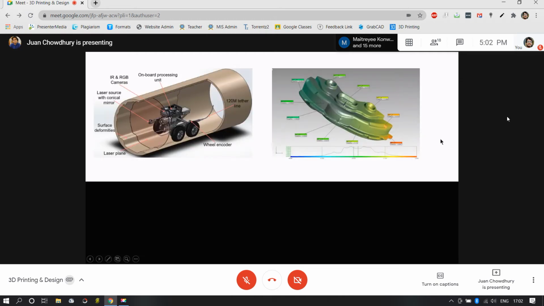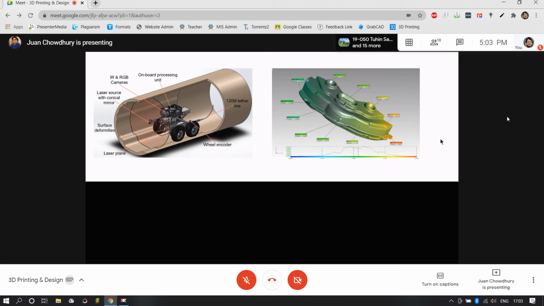Right. So the scanning and reverse engineering go hand in hand. So I have put here two examples where scanning is effective, and from that information, the recreation is done.